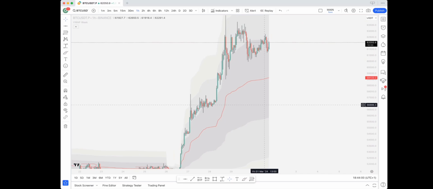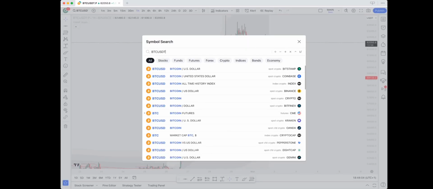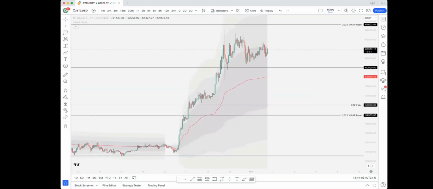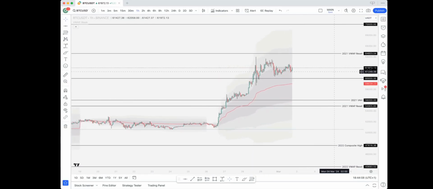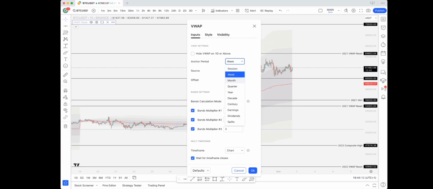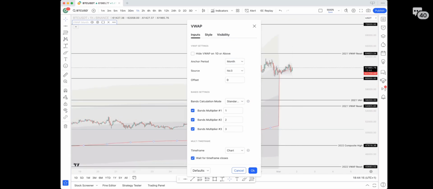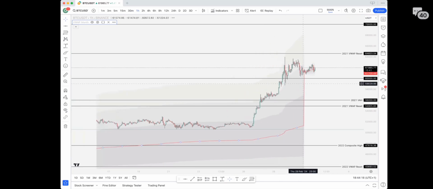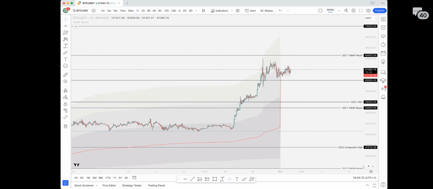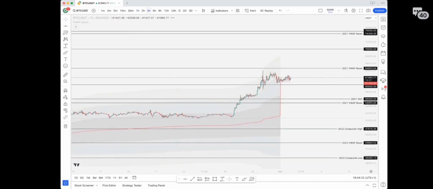Can you show a live example of VWAP now? Yeah, sure. I'll go to this chart here. Let's change this to monthly here. So here, let's actually go on slightly higher time frame.